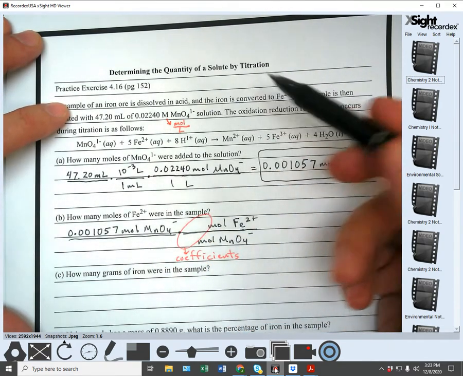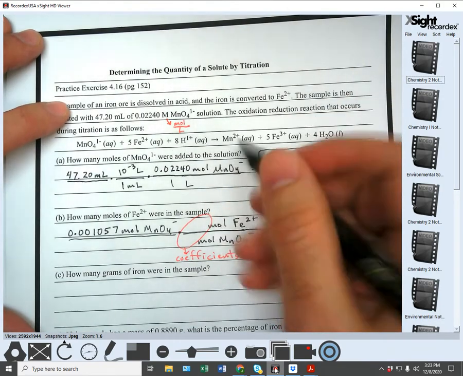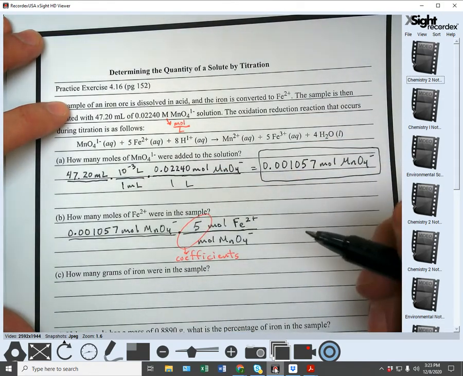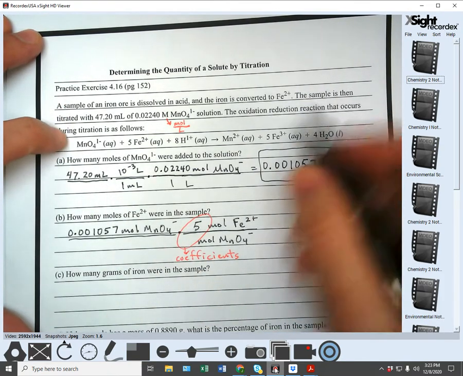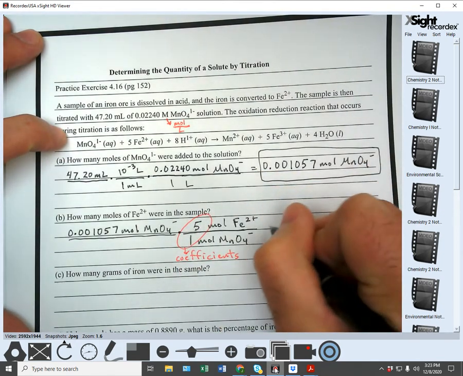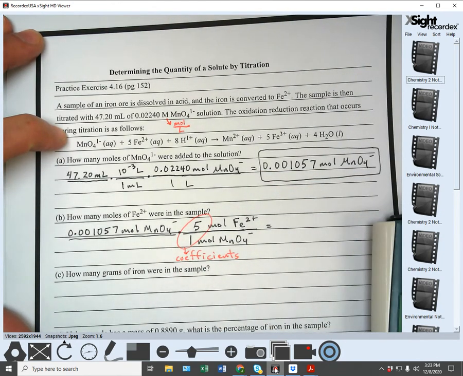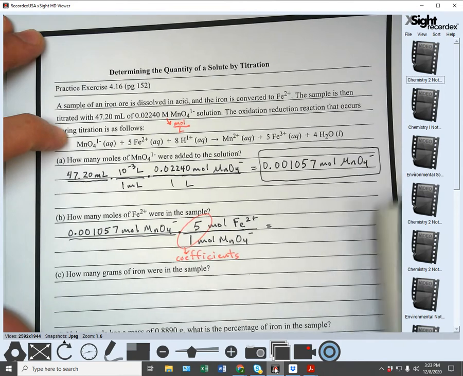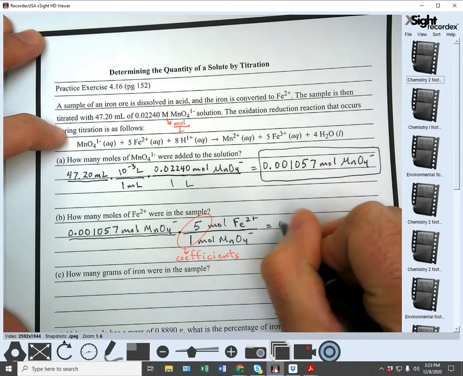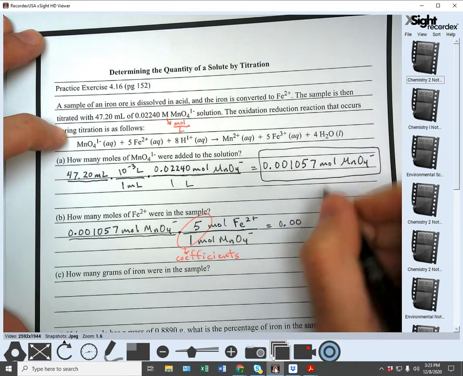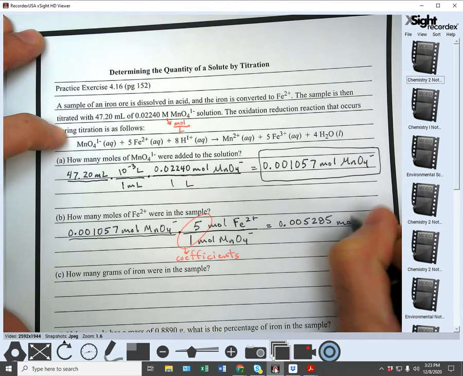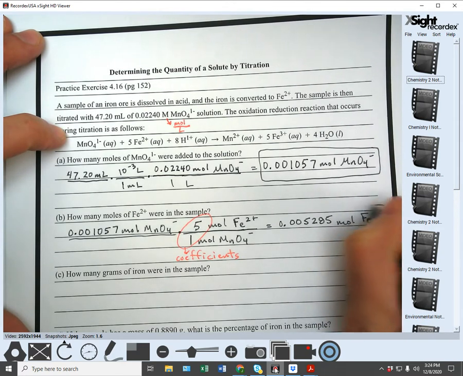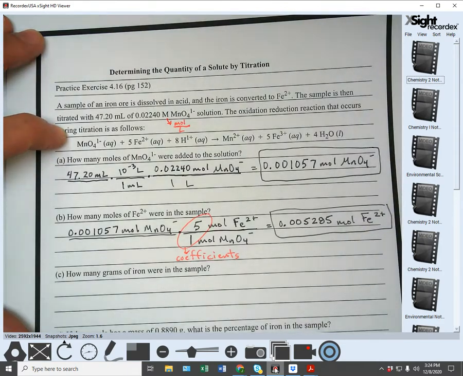In front of the Fe2 plus, we have 5. In front of the MnO4 negative 1, we have nothing, which is a 1. So this gives us 0.005285 moles of Fe2 plus.